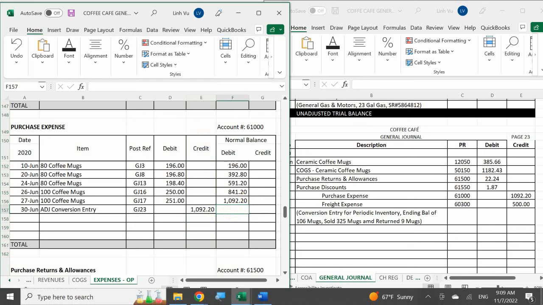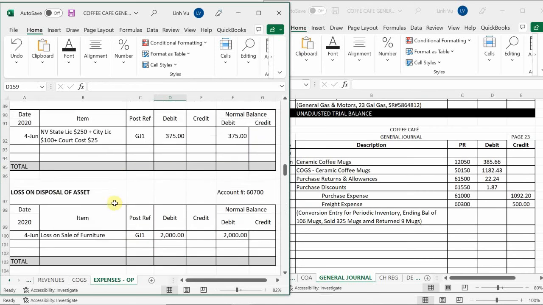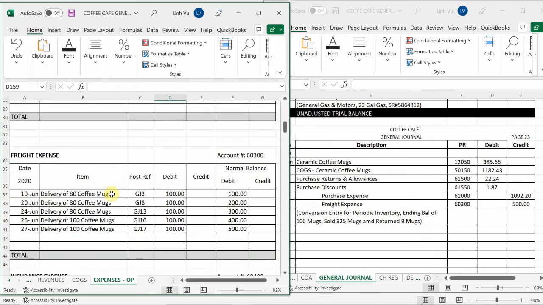And that's going to give you a zero balance. Okay. Last on my list is freight expense. You're going to credit $500. So then now you have zero.